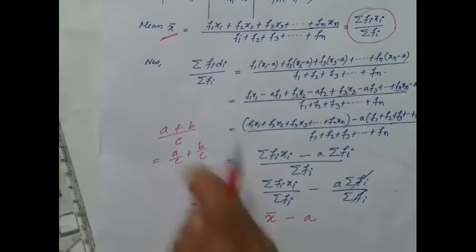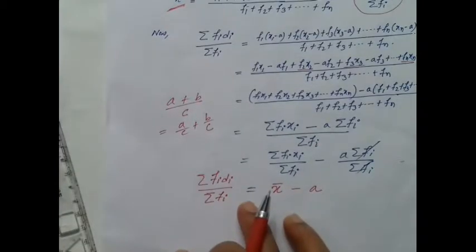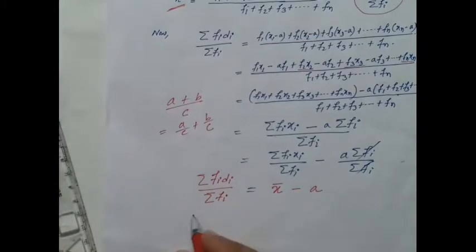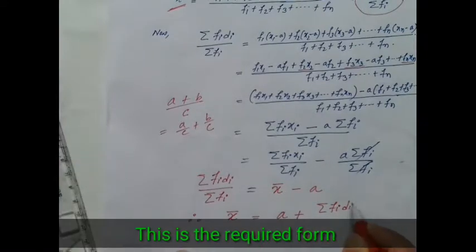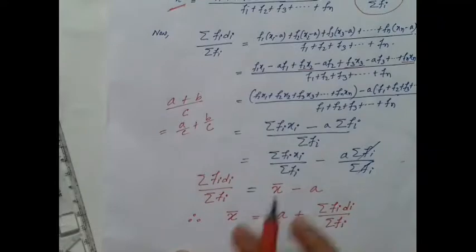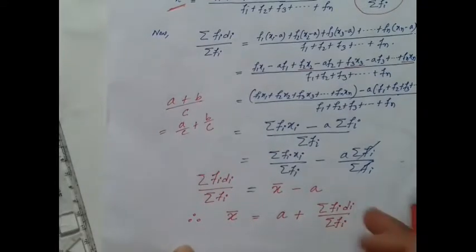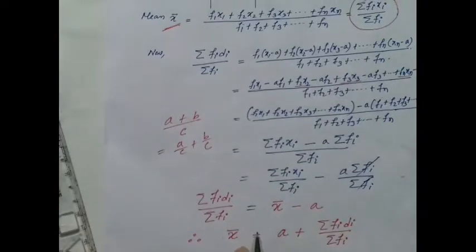So we started with summation fi di by summation fi, and we have got x bar minus a. Therefore we can say that x bar equals a plus summation fi di by summation fi, since the minus a goes to the other side and becomes plus a. This is our formula. Though it seems very difficult to you, I have just derived it to help you understand.